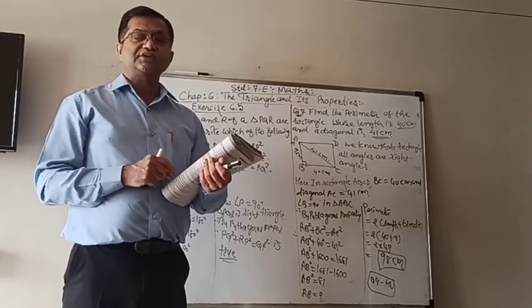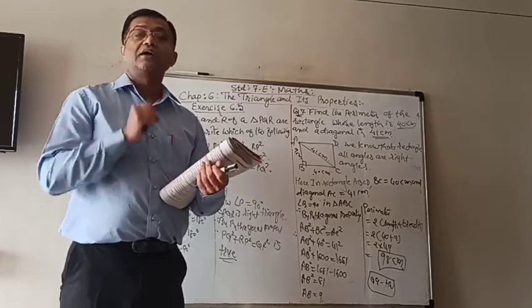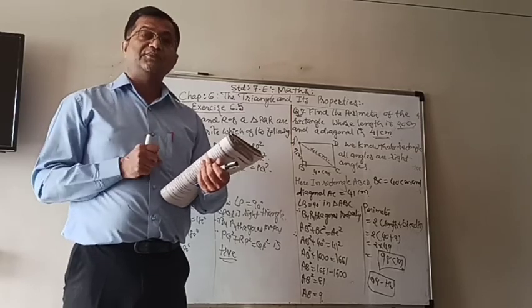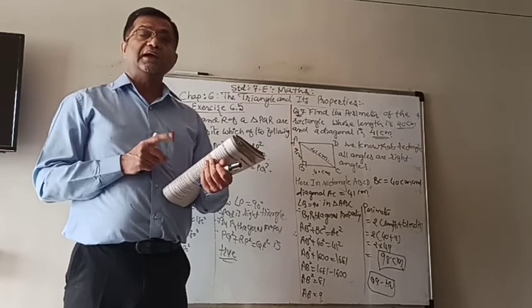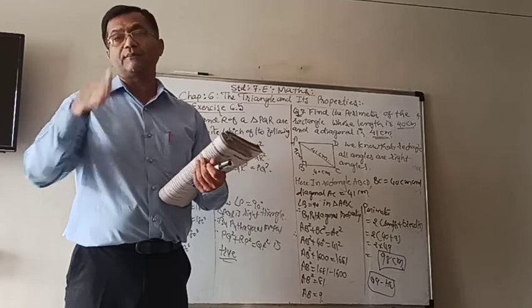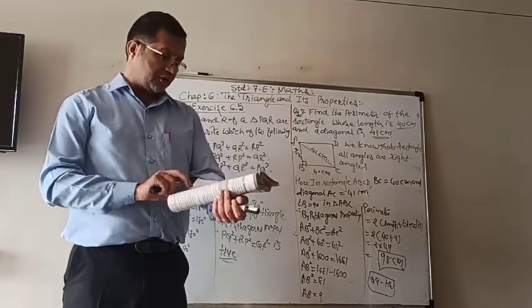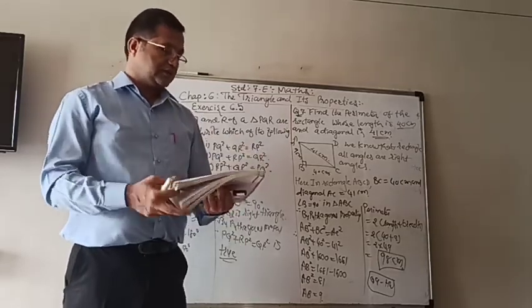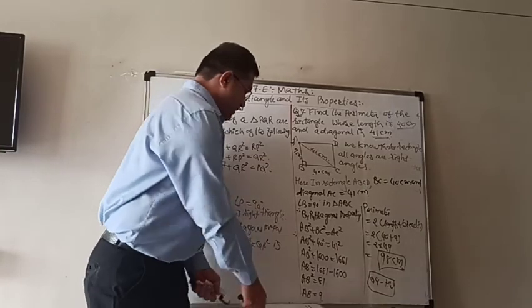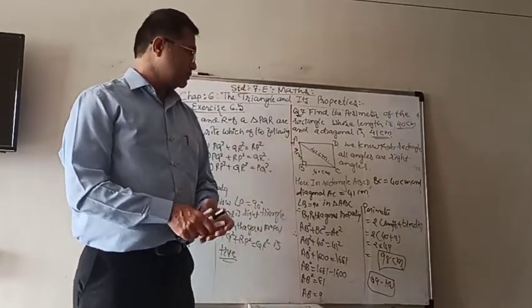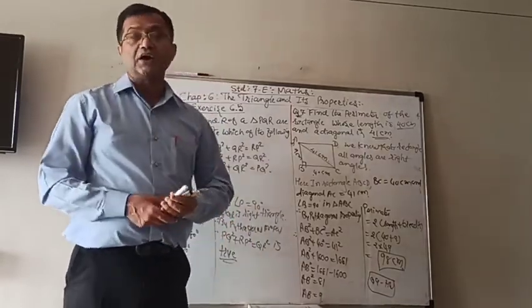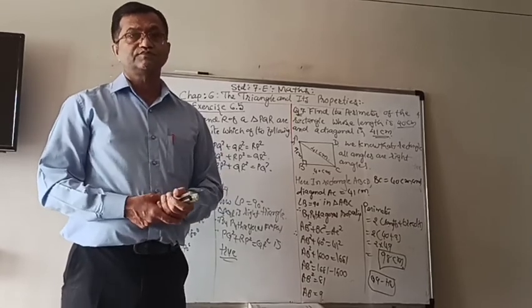So from this situation you will find the length of one of the sides, and then you have to multiply by 4 because it has equal sides. So here we are going to finish the chapter also.